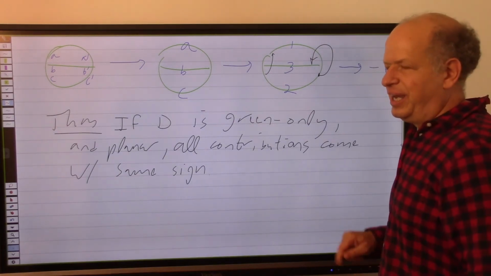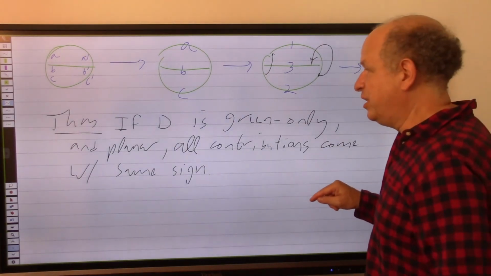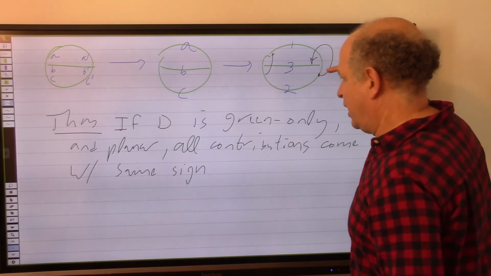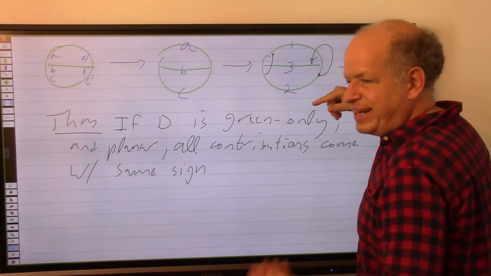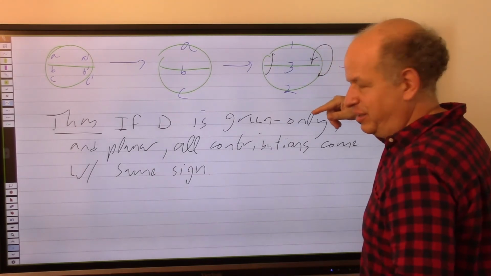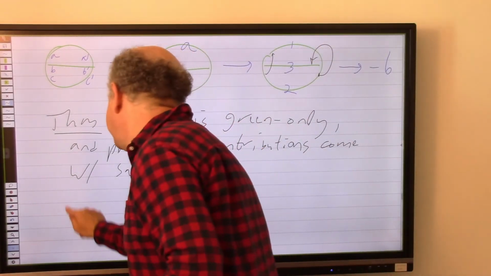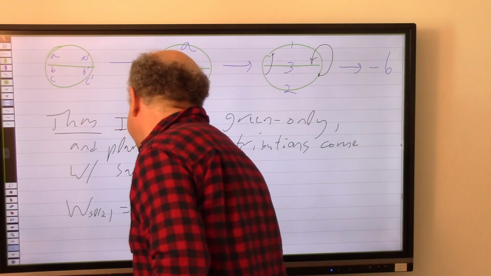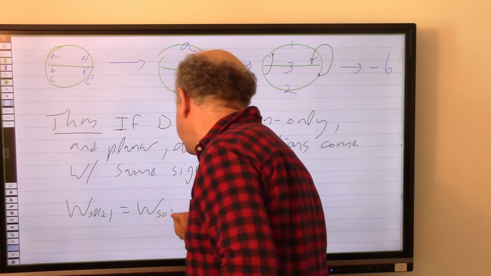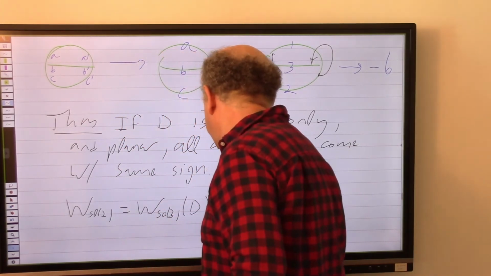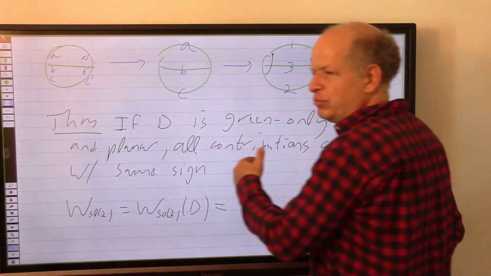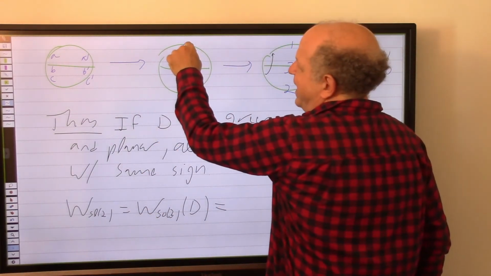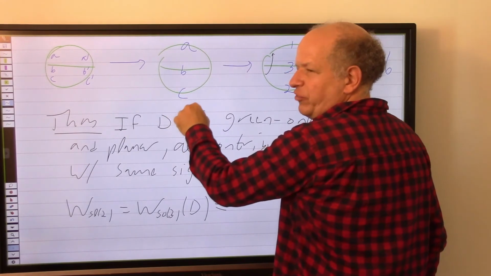And the second point is, what are we counting at the end? In this case, the WSL2, which is the same as WSO3 of this diagram, counts the number of edge 3-colorings of the graph.